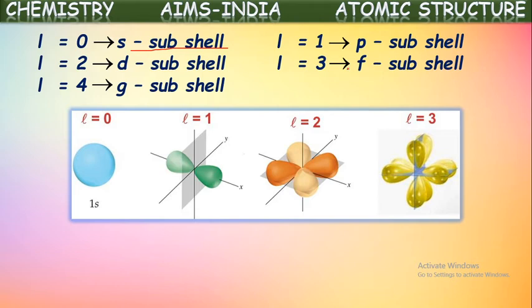So the azimuthal quantum number gives information about the shape of the subshell in which electrons are located.